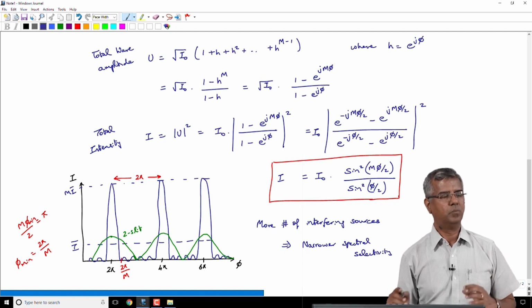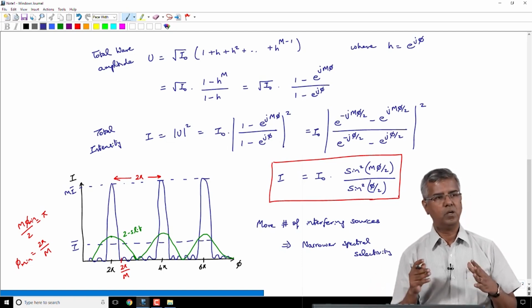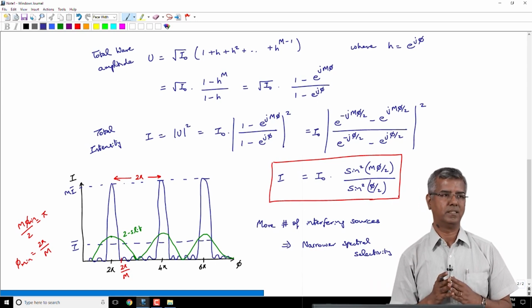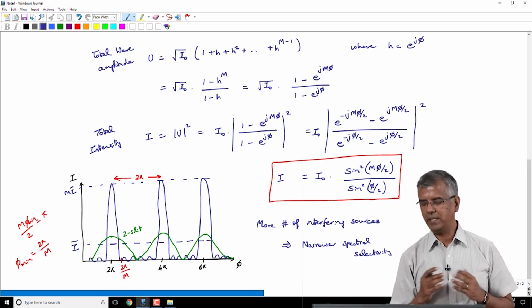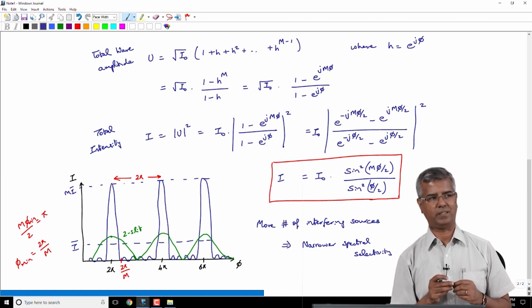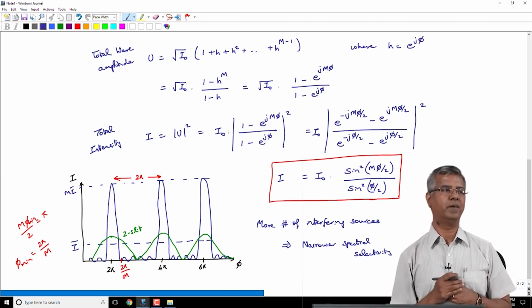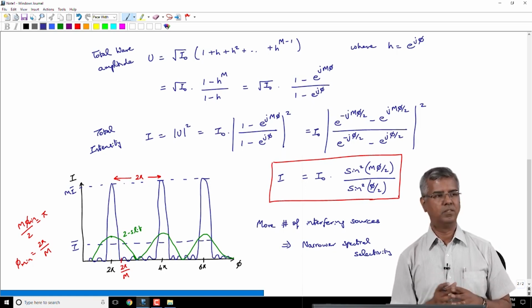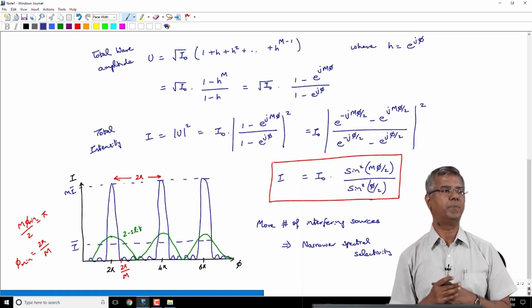With more number of interfering sources, the interference condition is more constrained, okay, and hence, even if you are off by a fraction of a nanometer in terms of the wavelength of light, you drop off from the peak very rapidly.